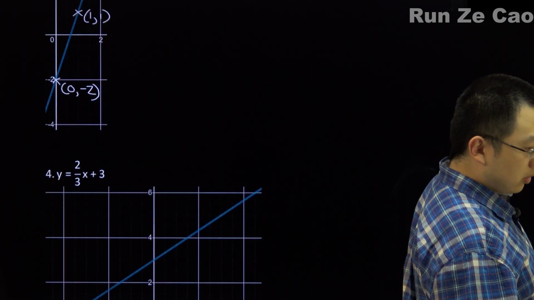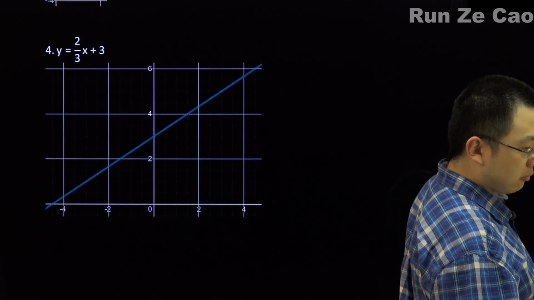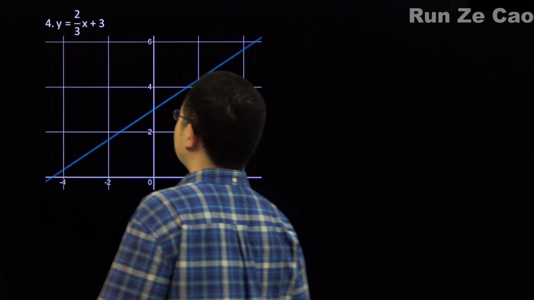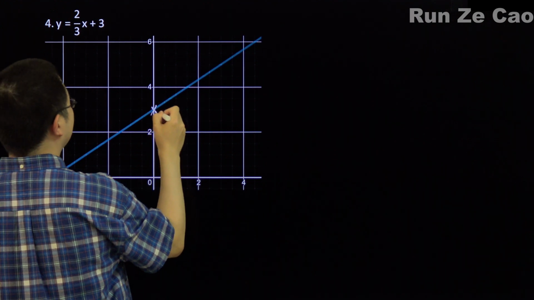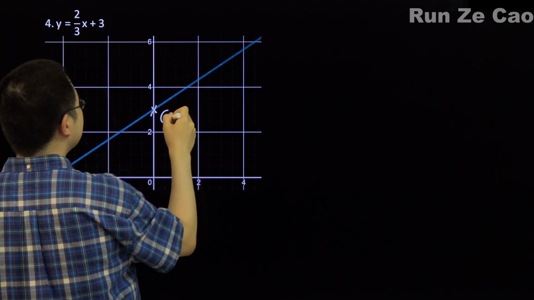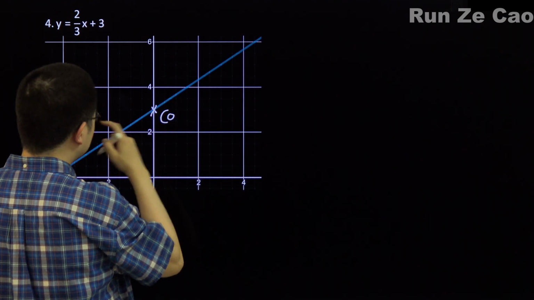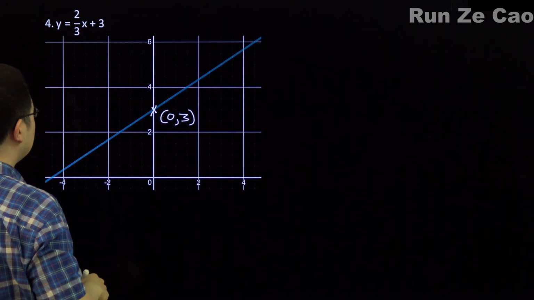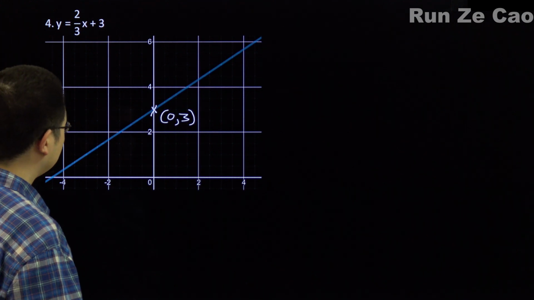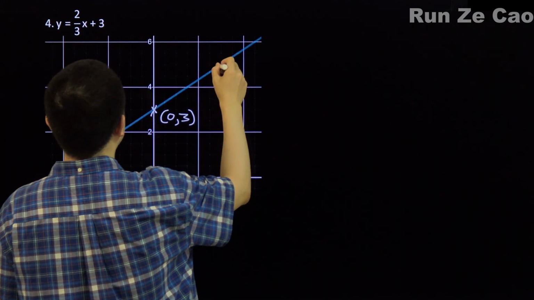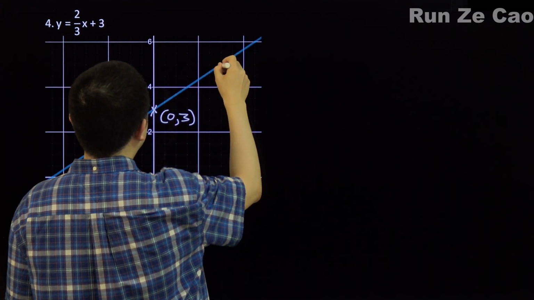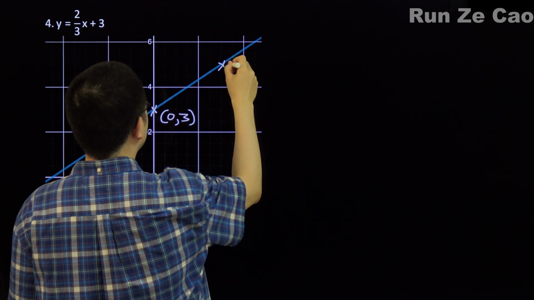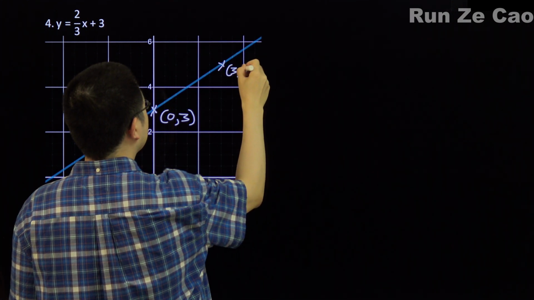Y equals 2/3 x plus 3. We start with x equals 0 as usual, so 0, 3. And 2/3 x suggests we go for x equals 3 next. So 2/3 of that is 2 plus 3, that's 3, 5.